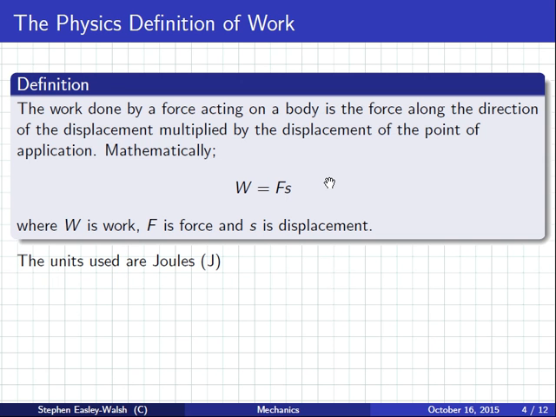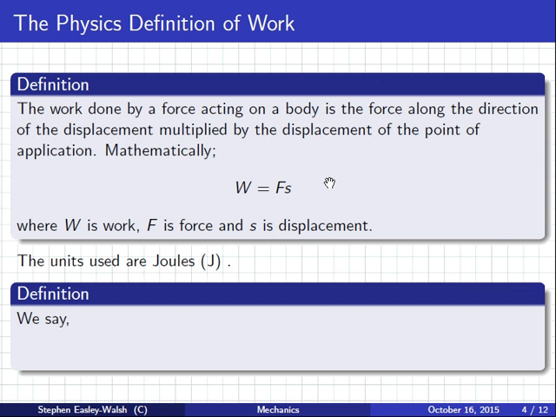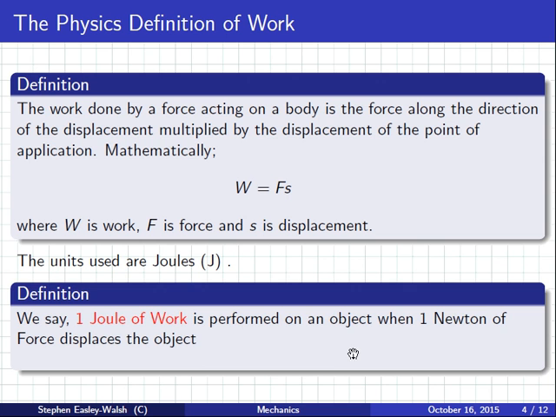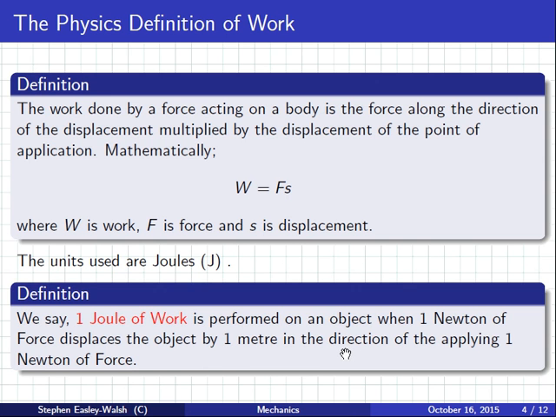Now, we call the units joules, but please note that a joule is the same as a Newton meter. So 1 joule is 1 Newton meter. 1 joule of work is done when 1 Newton of force displaces an object by 1 meter. In other words, 1 joule is the same as 1 Newton meter. They're the same thing.